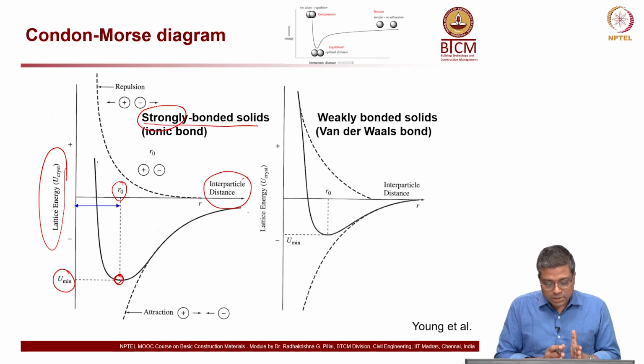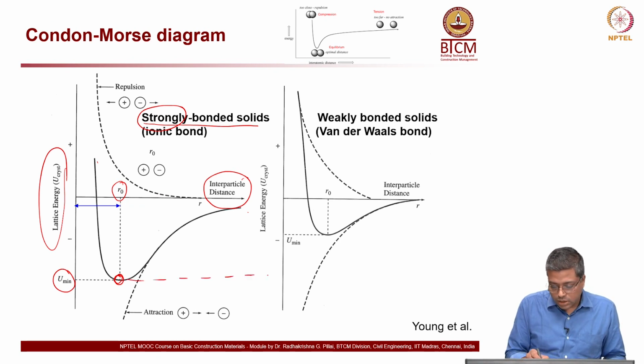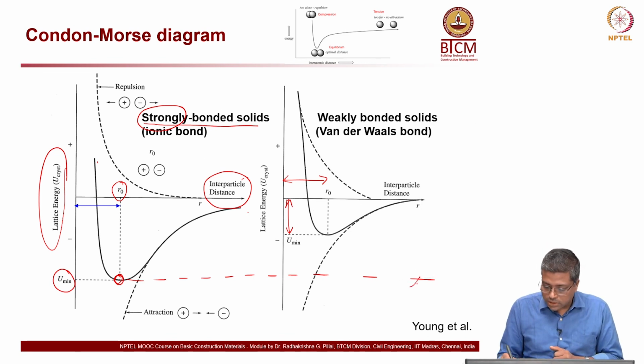Now, compare this graph to the one on the right side. You can see that if I draw this U min here, it comes somewhere here. In this case, the R0 is almost similar, but the U min has significantly reduced. That means a low level of energy is required to break this bond.